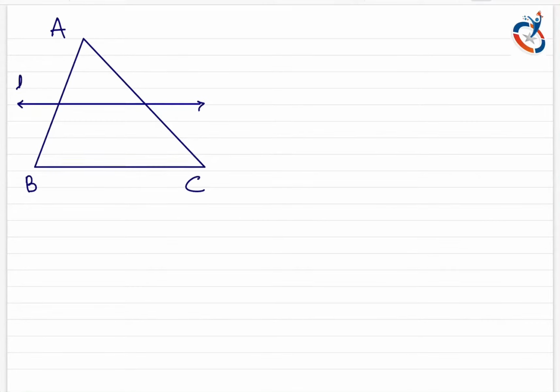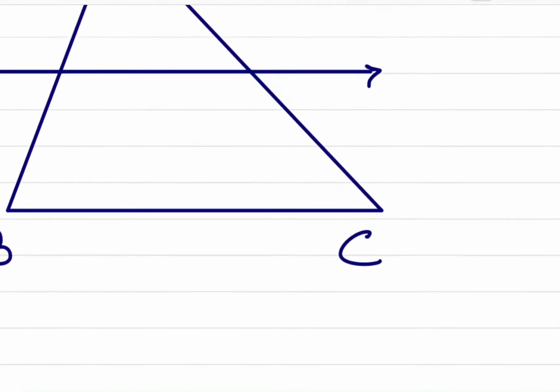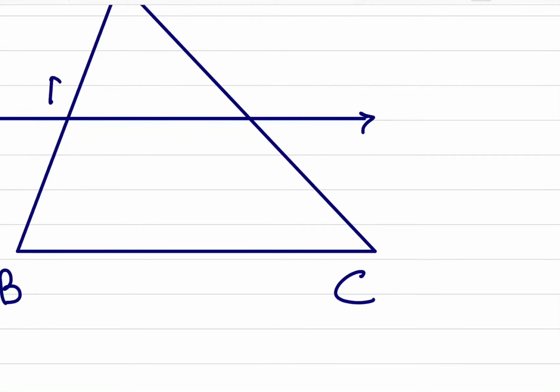So you have triangle ABC and line L which intersects the two sides in points P and Q. So PQ is parallel to BC.